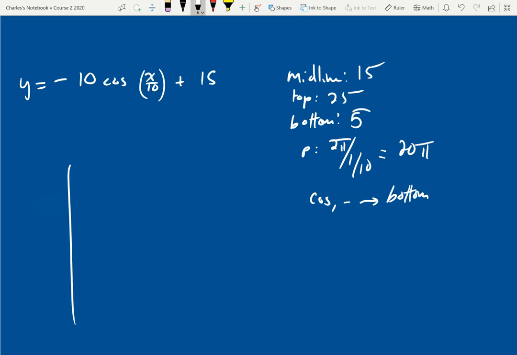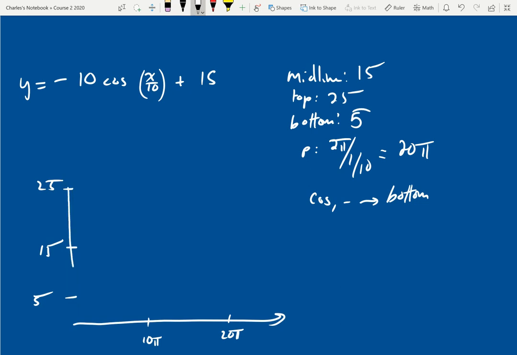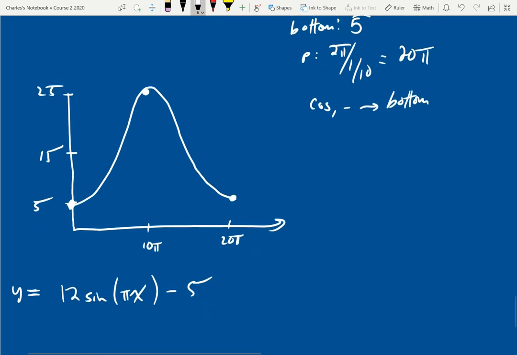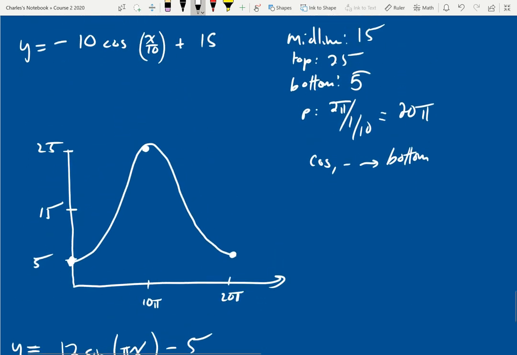So if I'm graphing this, let's say this is 0. Let's say this is 15. This is 25. That's 5. Here's 20 pi. Here's 10 pi. I'm going to start at the bottom. When it ends, it's going to come back to the bottom. When it's in the middle, it's going to be at its top. Boom.